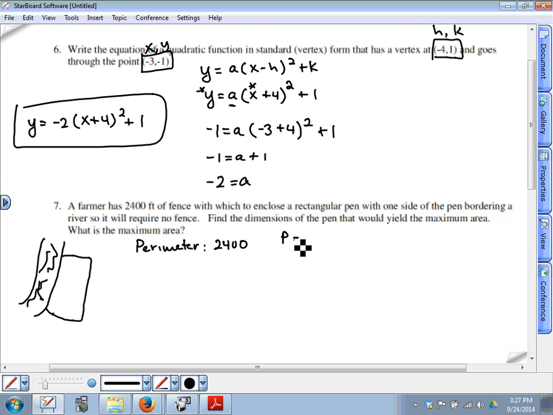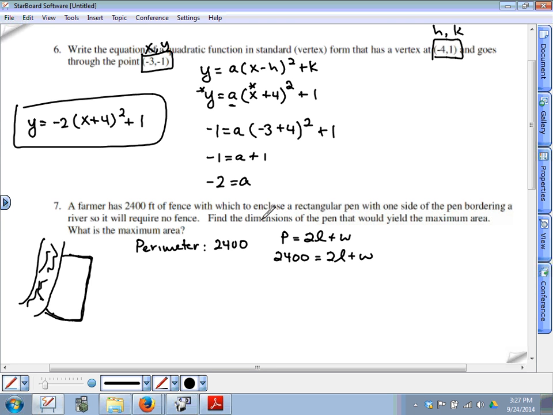Normally the perimeter of a rectangle is 2 lengths plus 2 widths. But since this is only being enclosed on 3 sides, it's 2 lengths plus 1 width. So 2,400, that's the perimeter, equals 2L plus W.